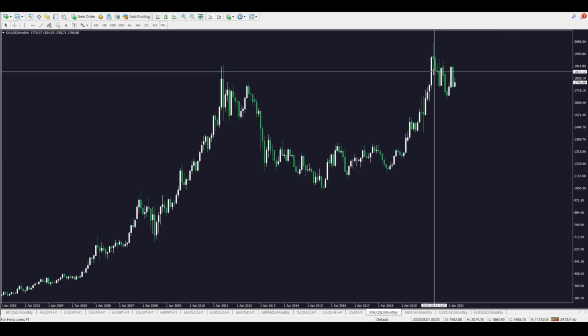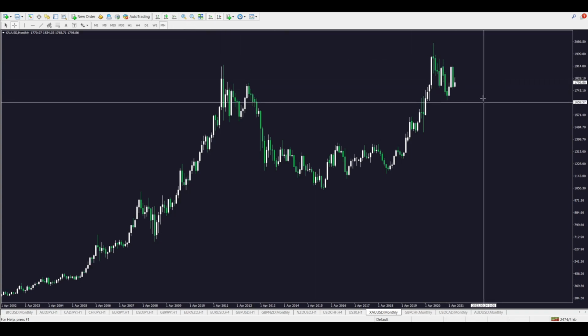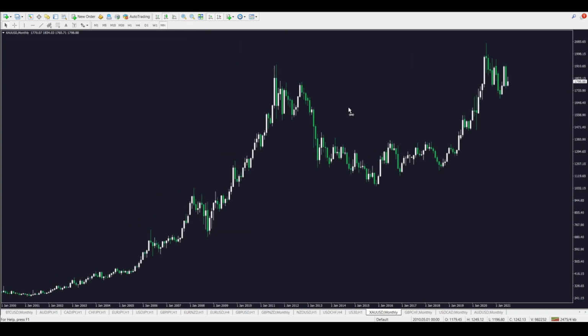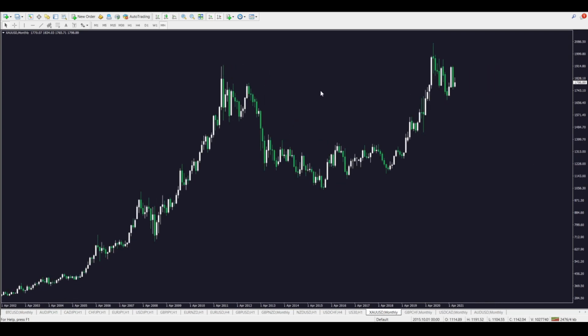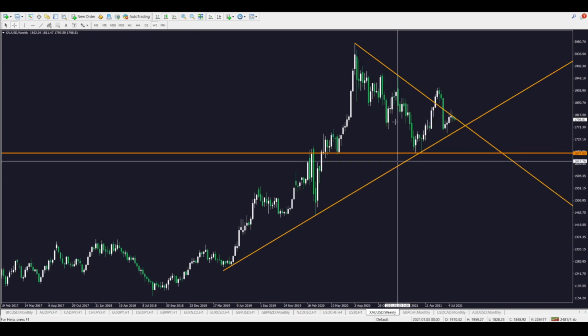Moving on to gold. So gold is basically, I think this is all-time high. I think so. Not sure. Well, based on the data that I have in my MT4, it is what it is. Anyway, weekly. Interesting.